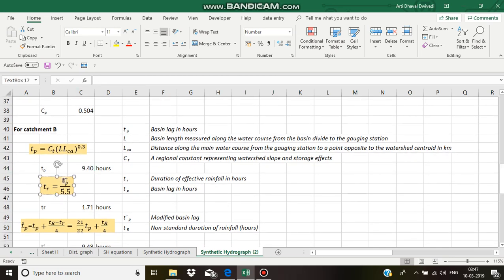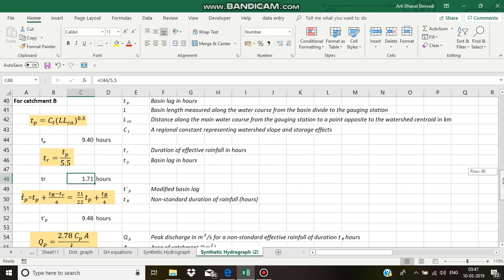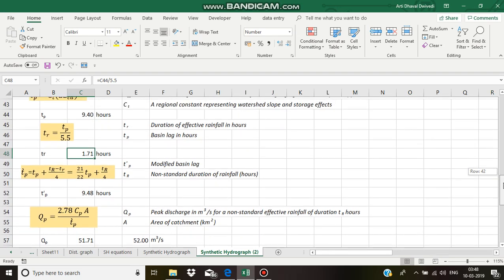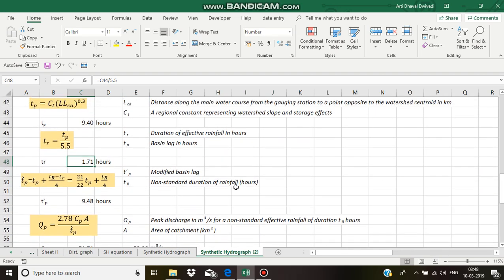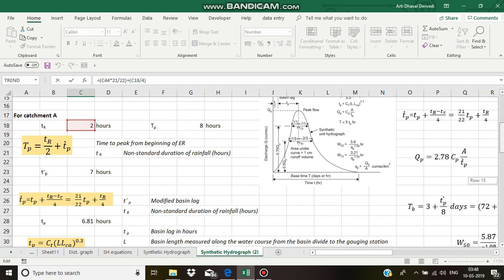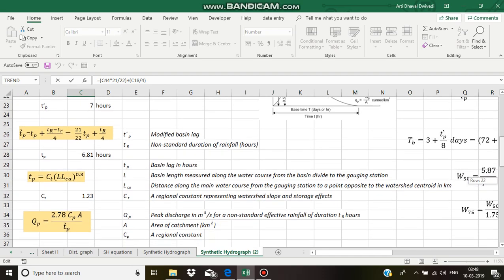Now using the value of tp, we can calculate tr, duration of effective rainfall in hours. It is 1.71. Now we have tp 9.40, we have TR 2 hours. Yes.